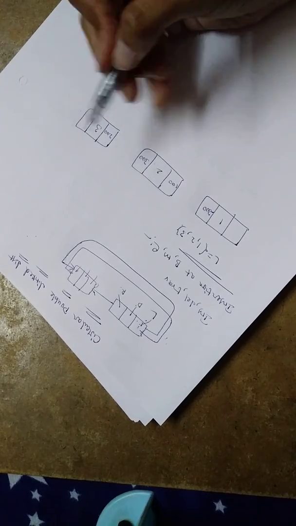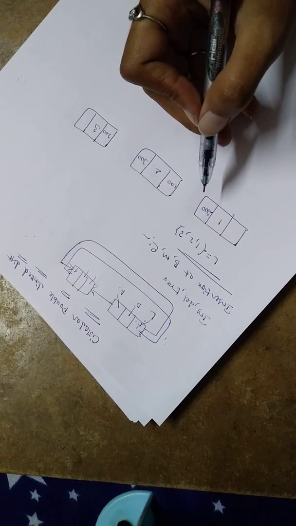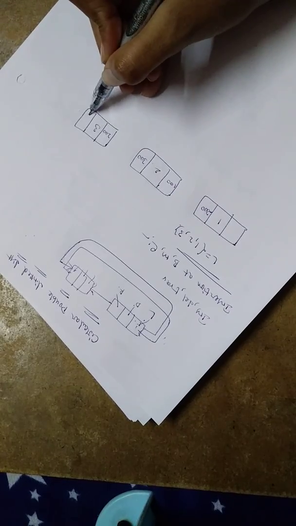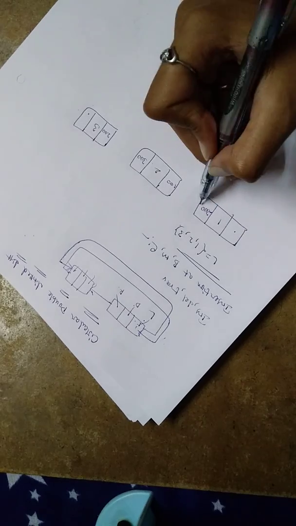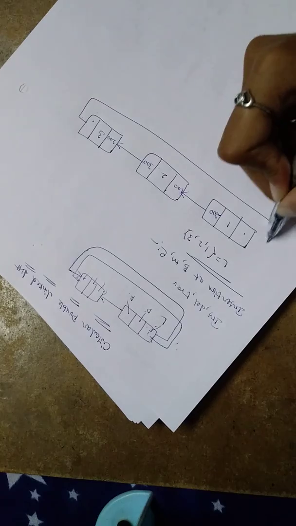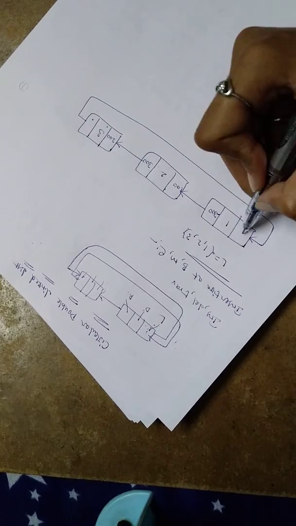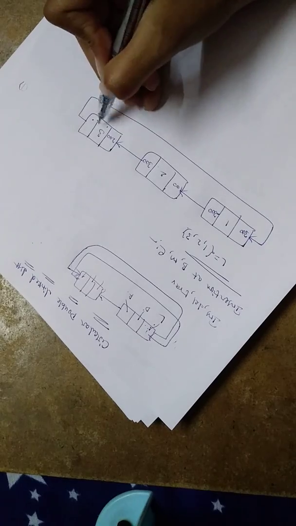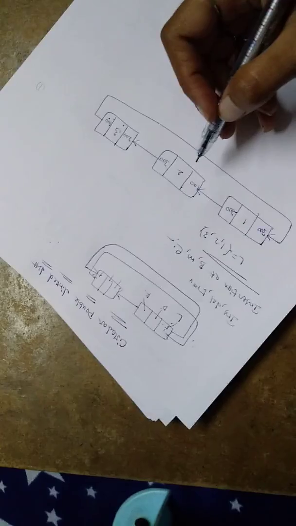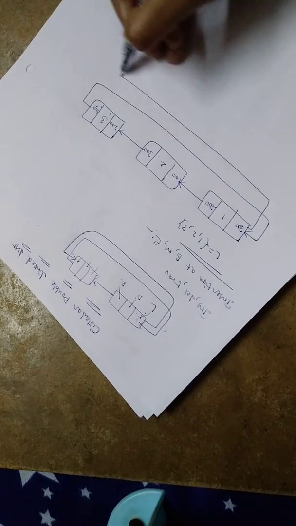In a double linked list, this will be null and this will be null, but here as it is circular, this first node consists of the last node's address, that is 300. This last node consists of the first node's address, that is 100. And it is connected like this.